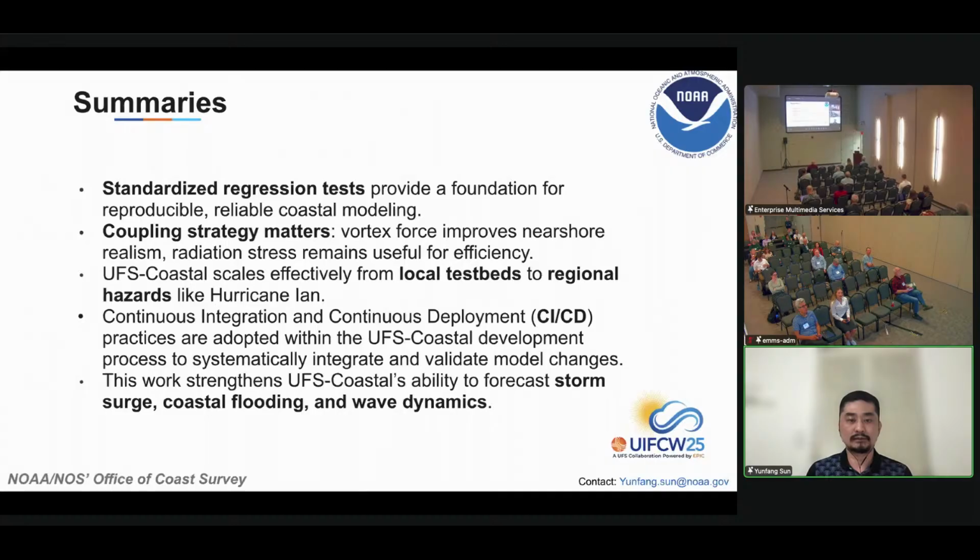UFS Coastal scales effectively from local test bed to regional, like Hurricane Ian. The CI/CD practice is adopted within the UFS Coastal development process to systematically integrate and validate model changes. This work strengthens UFS Coastal's ability to forecast storm surge, coastal flooding, and wave dynamics.